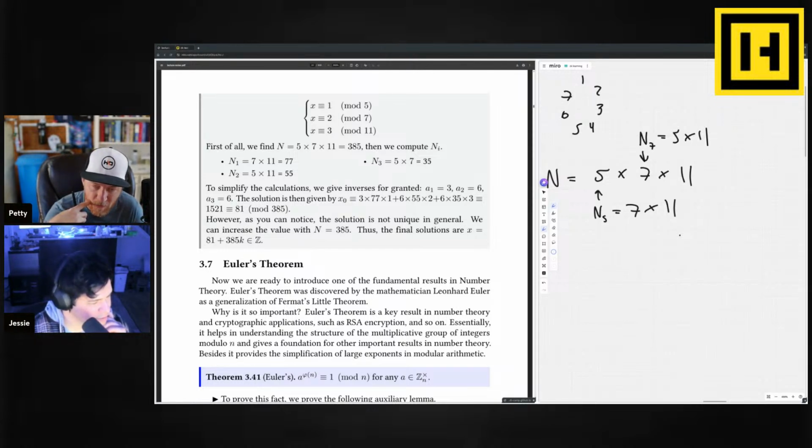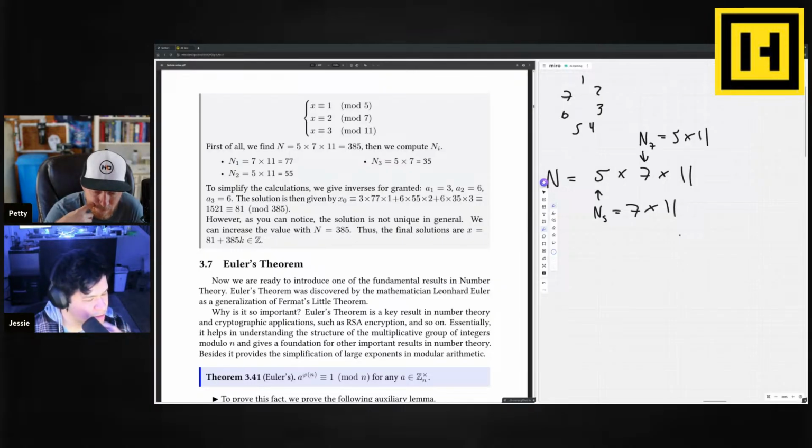It's the product of the other two coprimes. Oh, I see. Okay. N2 is 5 times 11, and then N3 is 5 times 7. Okay.